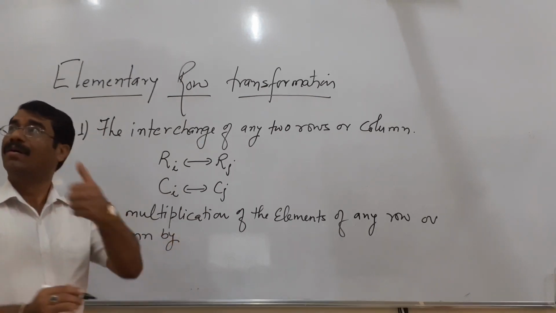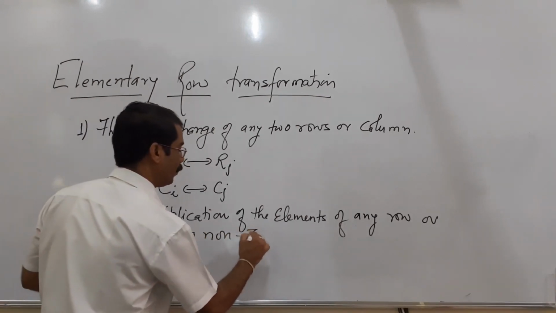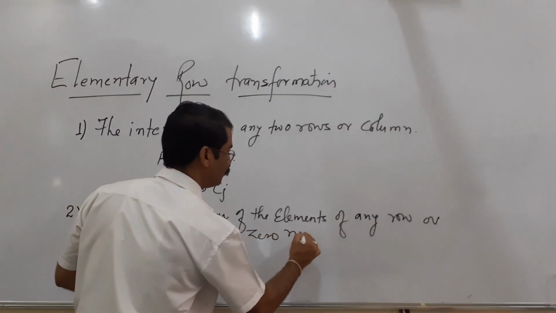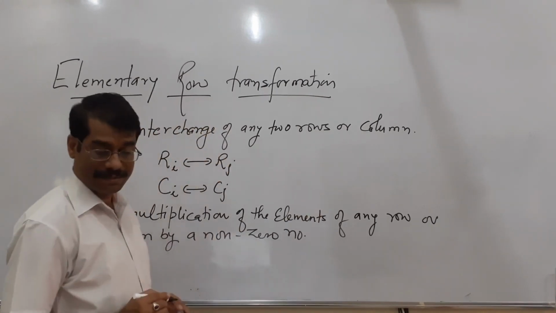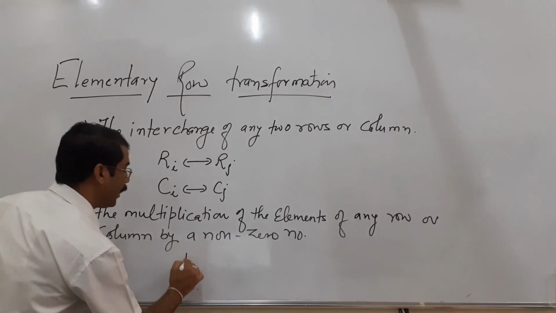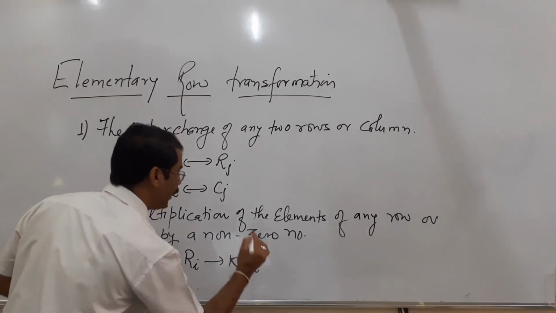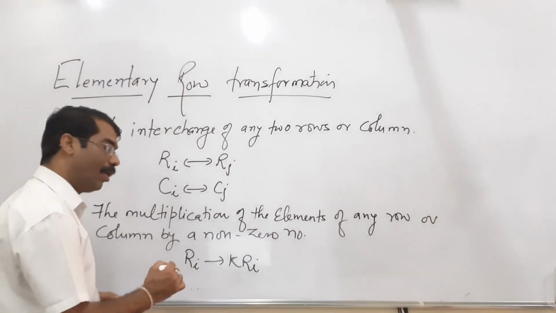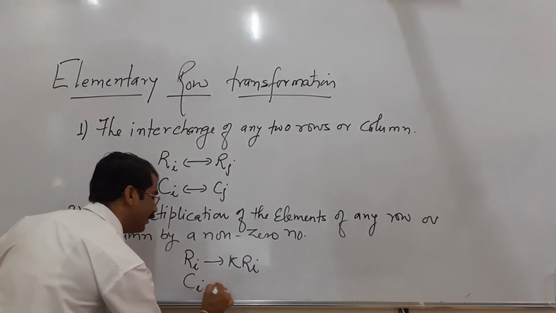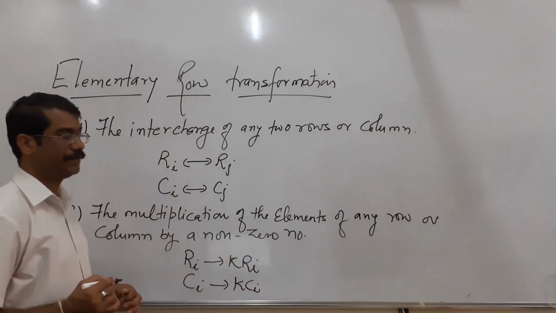That means Ri tends to k times of Ri, or Ci tends to k times of Ci.